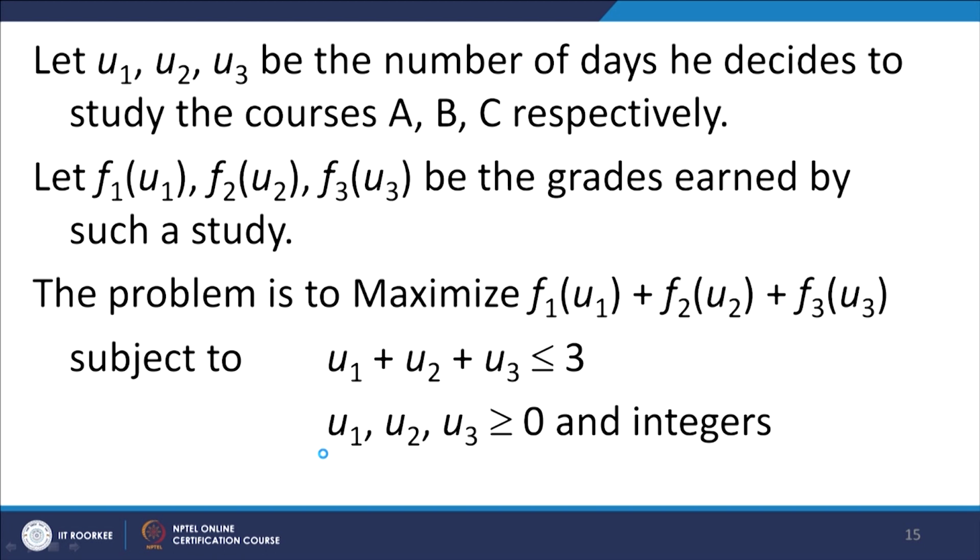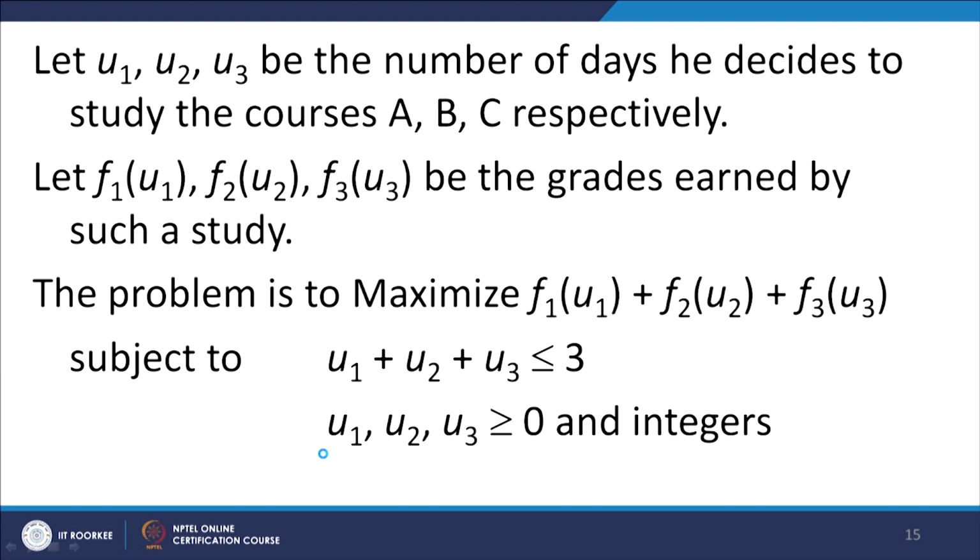With this definition the problem can be written as: maximize f1 u1 plus f2 u2 plus f3 u3 subject to the condition u1 plus u2 plus u3 less than or equal to 3, and u1, u2 and u3 greater than or equal to 0 and integers.